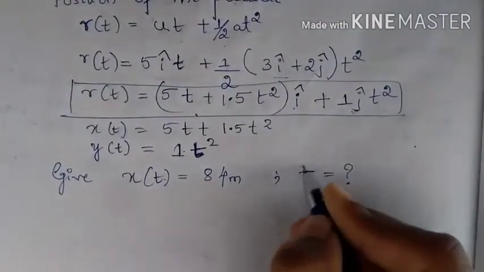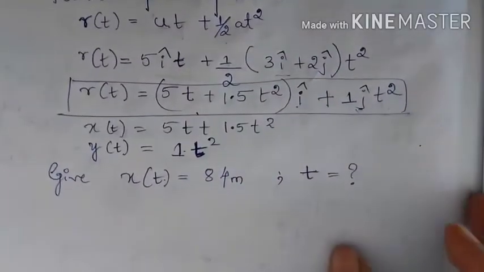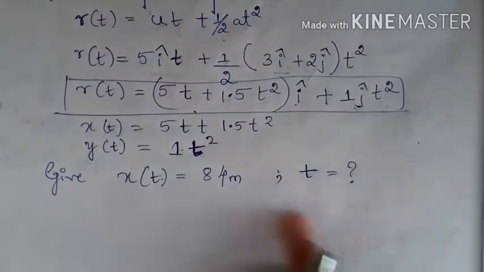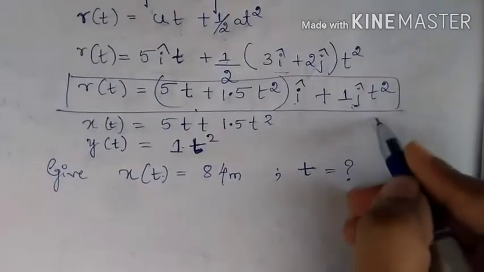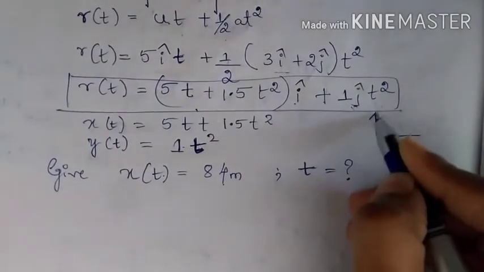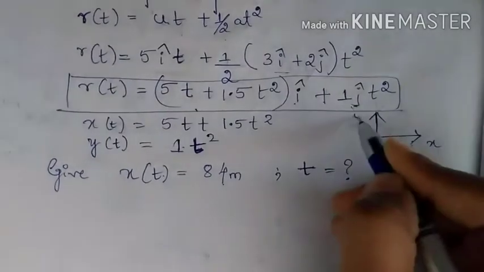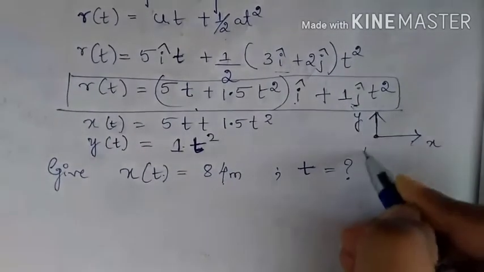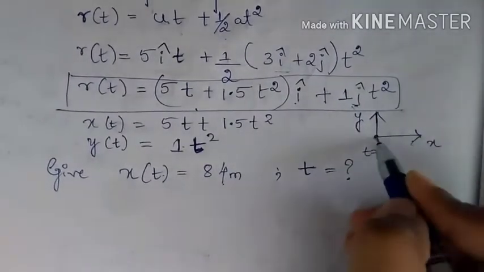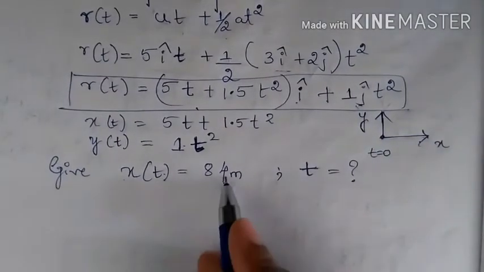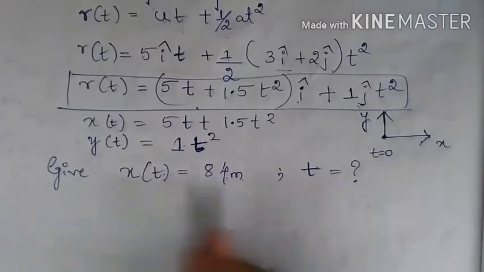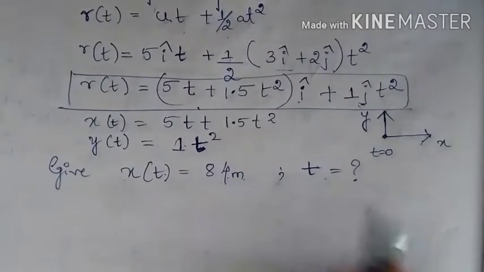The first t given to us is at the origin, but at the origin x cannot be 84 meters, because at the origin t is 0, x is 0, y is 0. Here x of t is 84 meters, so we don't know what t is.